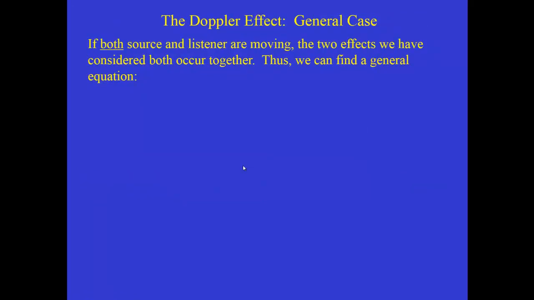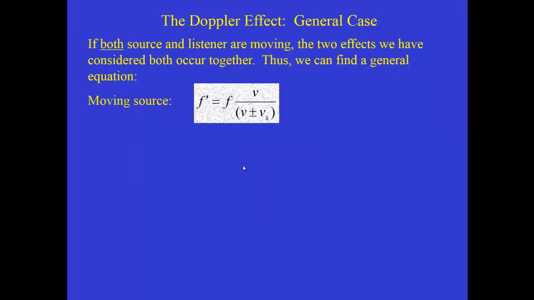So if both the source and listener are moving, these two effects that we've considered both occur at the same time, but we can develop a general equation by first accounting for one effect and then the other. So for a moving source, again, f prime is f times v over v plus or minus vs. And remember, we would use the minus sign if the source is moving towards the observer, because that would make the fraction greater than 1.